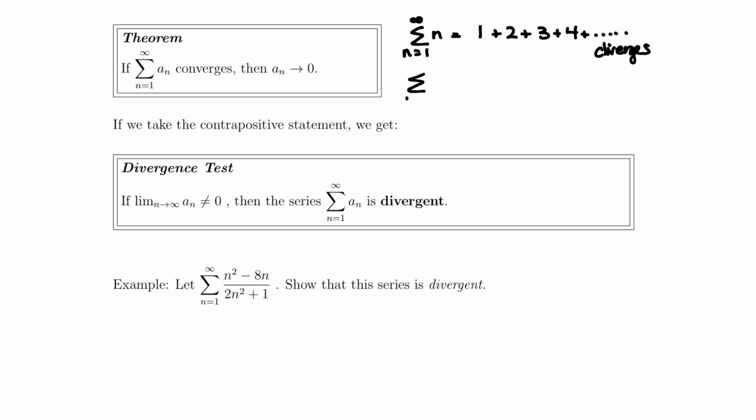I can also look at something like 1/2. If I want 1/2 to be added to 1/2 to be added to 1/2, over time that sum is just growing and growing. 1/2 plus 1/2 is 1, plus 1/2 is 1.5, plus another half is 2. This thing grows infinitely big, and it diverges.